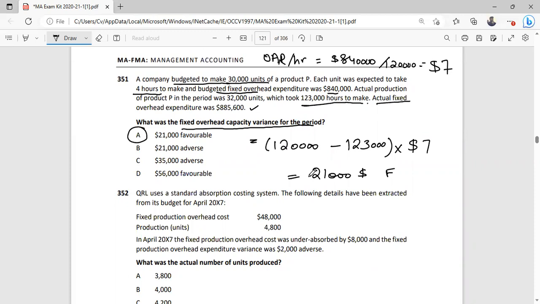Do not memorize variance formulas with the negative or the positive. I stated at the start of the class that if something is increasing our profitability, it is called favorable. If something is reducing my profitability, it is called adverse. Here, I should complete my job within 123,000 hours, but I am completing within the budgeted hours. It means I am saving my cost with the $21,000. That's why it is favorable. Any question?